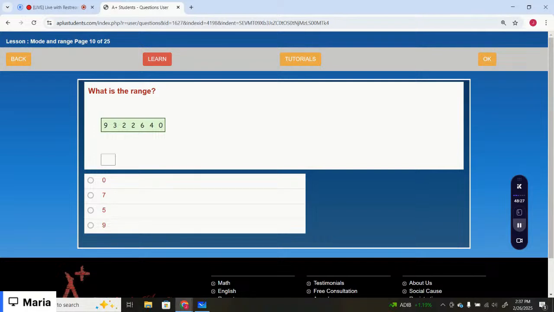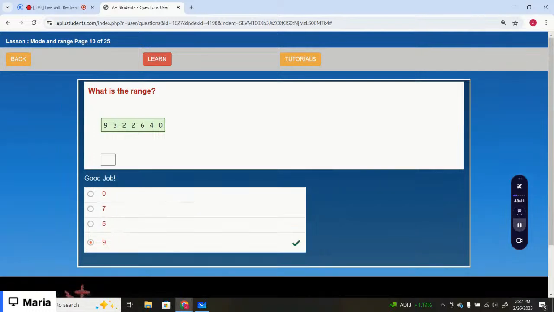What is the range? That is 9 minus 0. The correct option is 9. Range is the difference between the greatest and the smallest number in the given data.